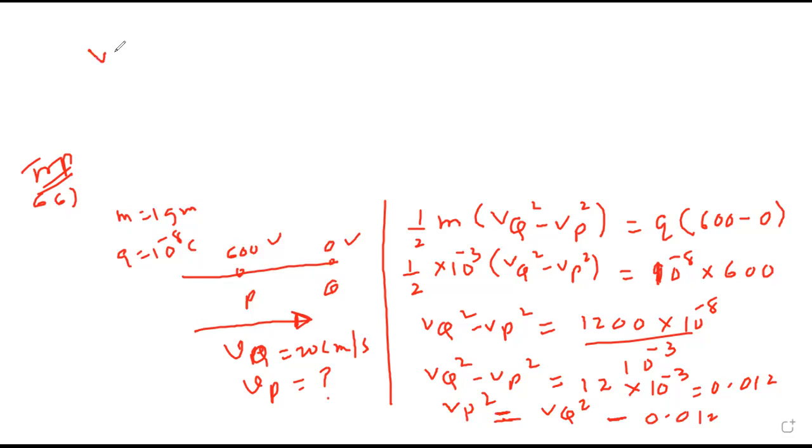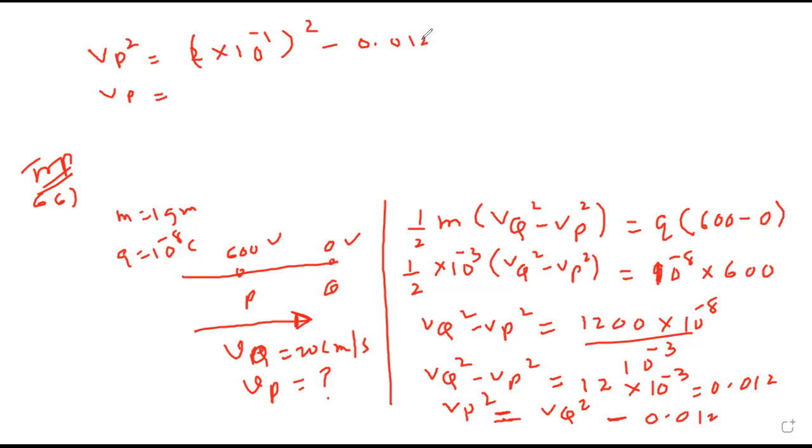That will give vp square is 2 into, answer is in centimeter or meter, let us check. Answer is in meter. So 20 centimeter is 2 into 10 raised to minus 1 square minus 0.012.